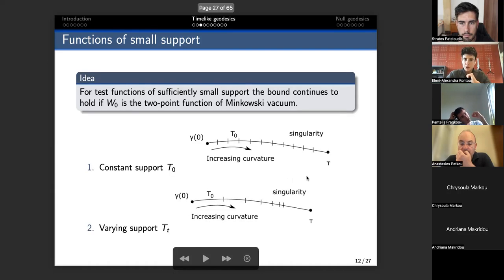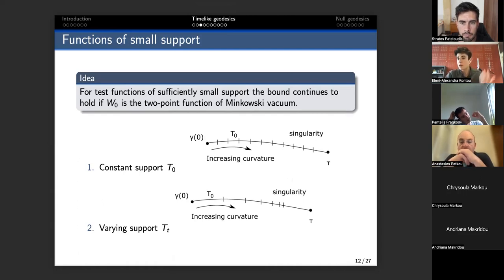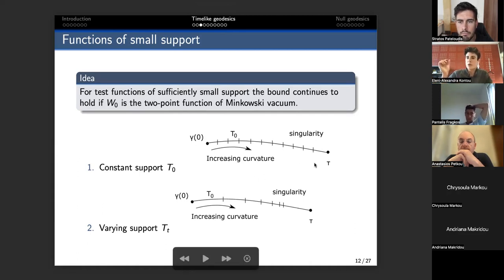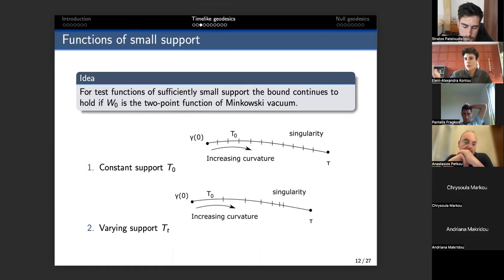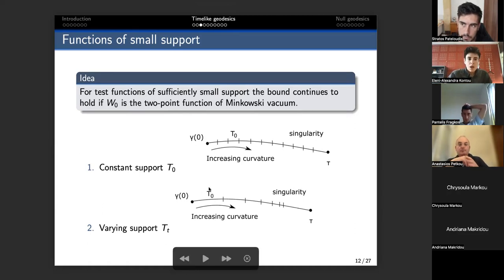The reason is, if we think about cosmology, the curvature increases in the past, and close to the singularity we can have very large curvature. So if we have a constant support of the function and we break the geodesic into equal parts, then this support has to be very, very small in order to be valid even close to the singularity.